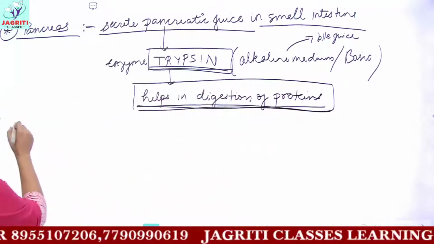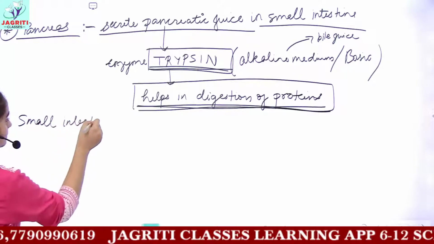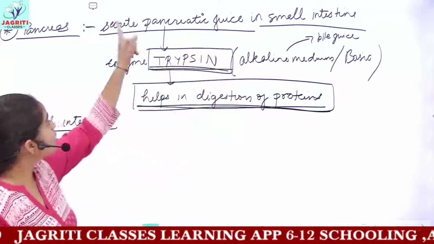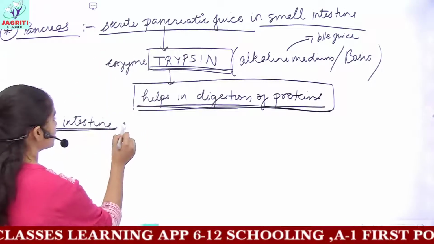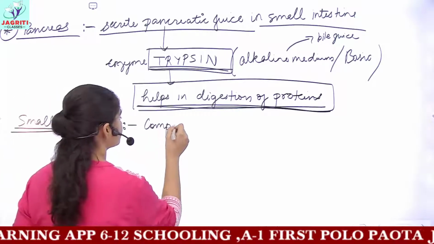Now in small intestine we have received the secretions of liver and also the secretion of pancreas. Apart from these secretions, in small intestine the complete digestion occurs.